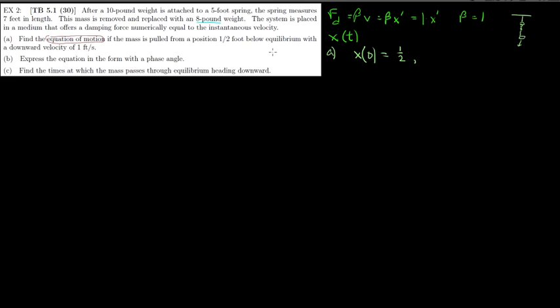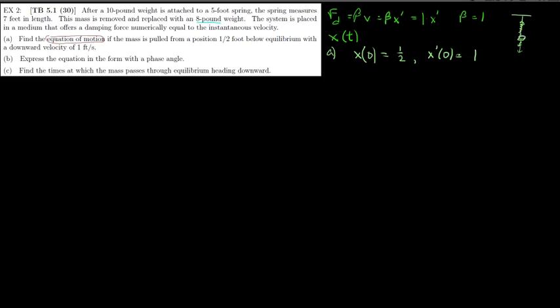And then the initial velocity, x prime of 0, is going to be 1 foot per second. Because we're pulling it downward, that's a positive initial velocity. I hope that's clear.